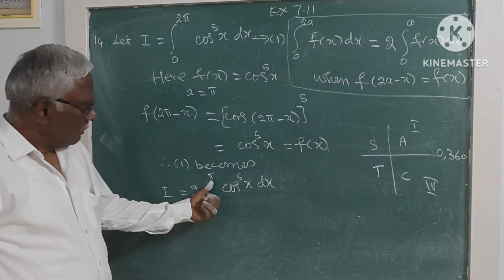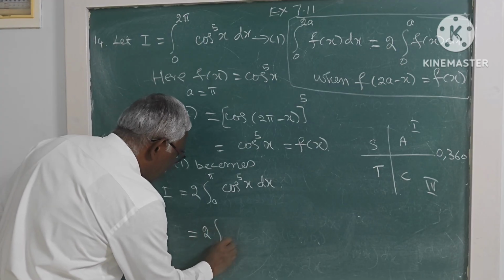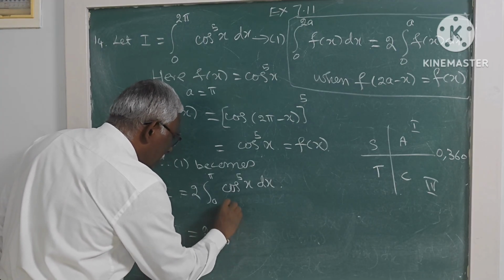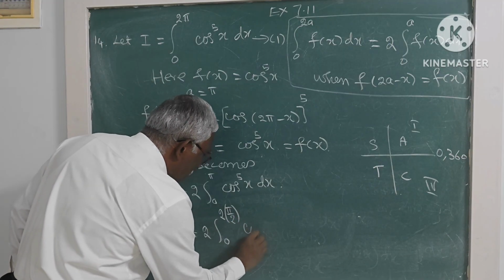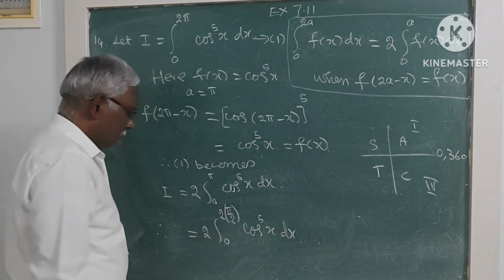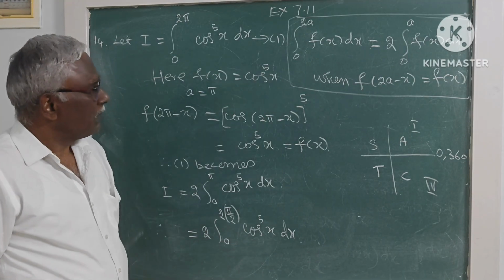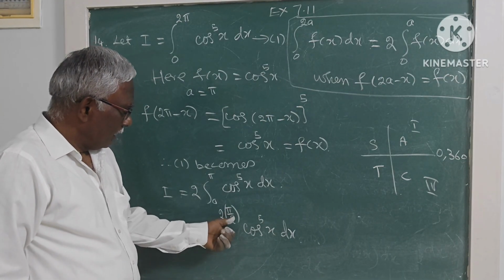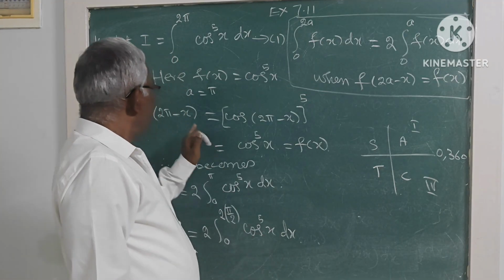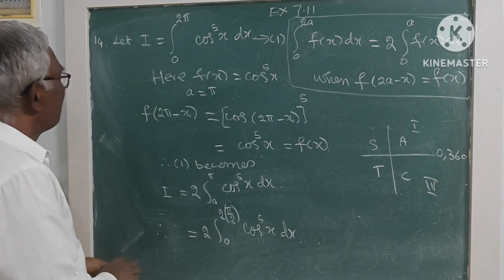Now we have to write the pi as 2 times pi by 2, so 2 times the integral 0 to 2 times pi by 2 cos pi x dx. Again we have to use the same property, 0 to 2a f of x dx. Again we have to find f of 2a minus x.